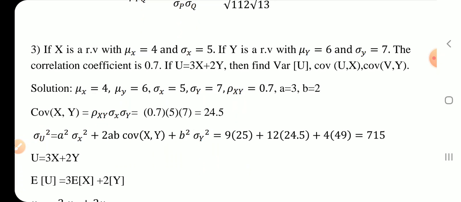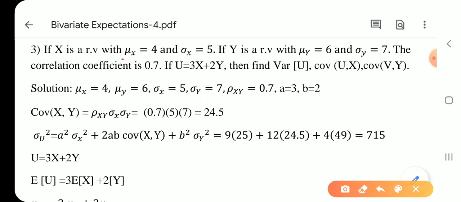If X is a random variable with mu x is equal to 4, write what is given, sigma x is equal to 5. If Y is a random variable with mu y is equal to 6 and sigma y is equal to 7, the coefficient of correlation is given to be 0.7, that is rho XY is 0.7.